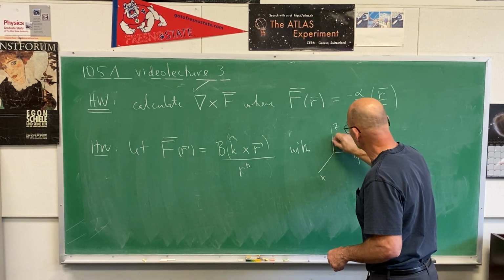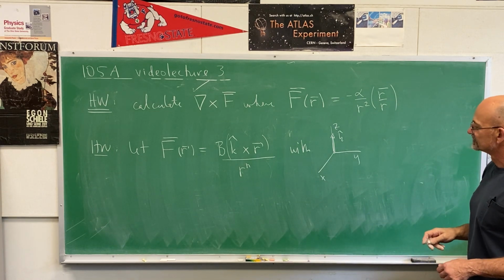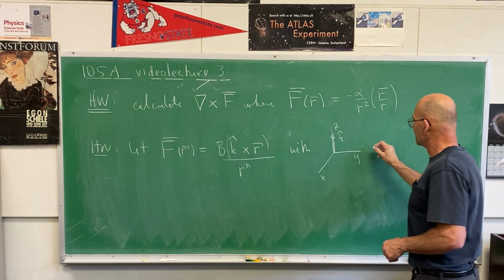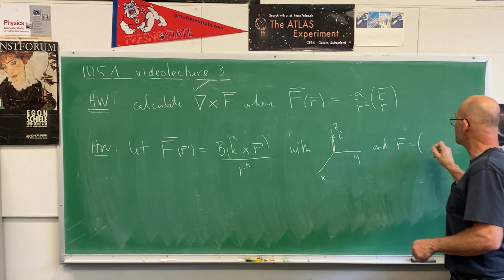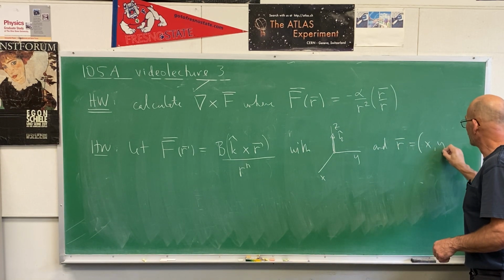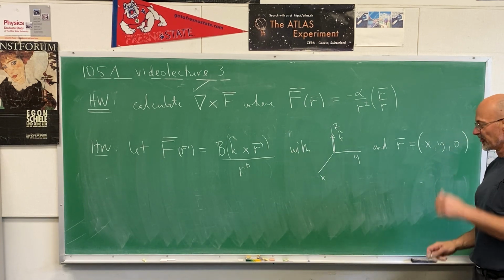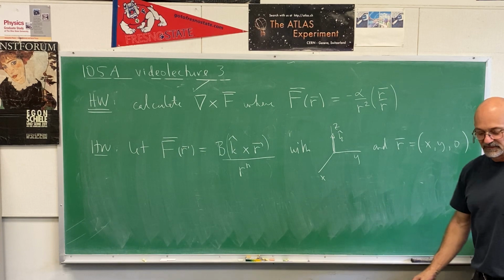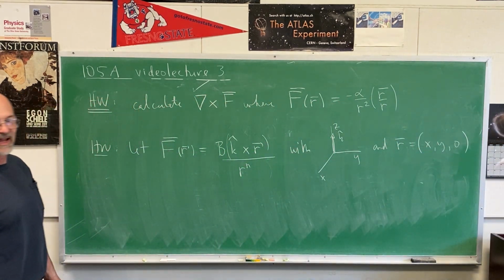K hat is in this direction. And our vectors are just going to be two-dimensional vectors, x, y, and 0. So what would this be? Because we want to calculate its curl.